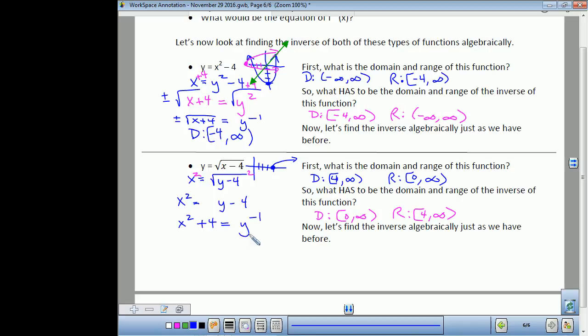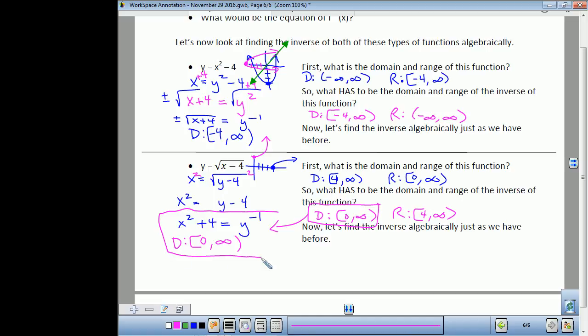But when we do it, this domain restriction must be listed for these. Must be. The domain is restricted from 0 to infinity because it is only this side of the graph. It is not both sides.